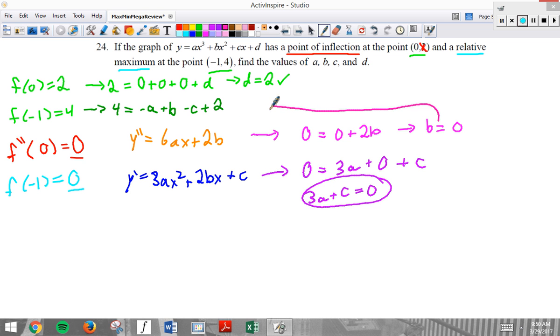And then this information into here gives me 4 equals negative a. B is 0 now. Minus c plus 2. Or 2 equals negative a minus c.